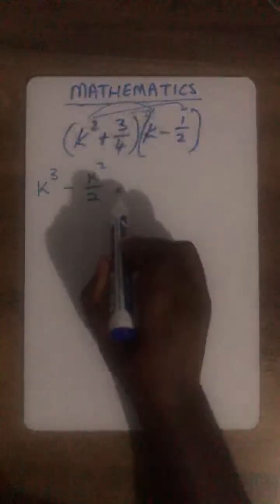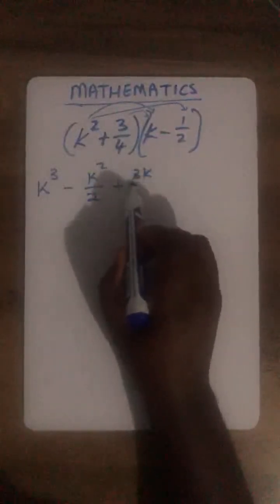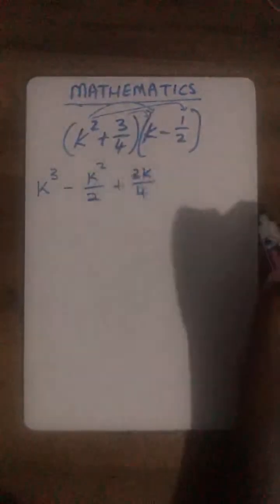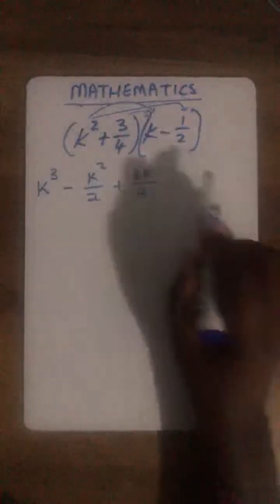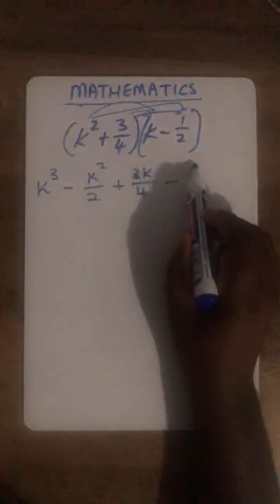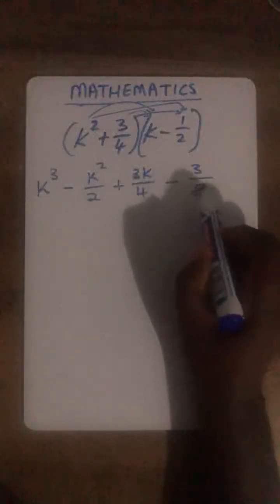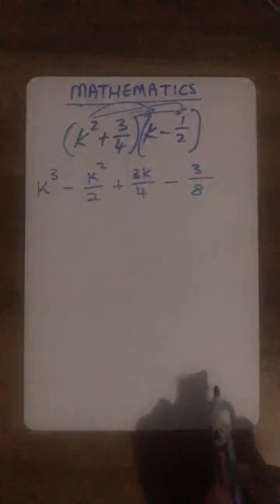Then you do the same there, that by that. Obviously it's a plus, so you have 3k over 4. And then you do that by that, and obviously the sign is a negative, so it's 3 times 1 is 3, 4 times 2, that is 8.